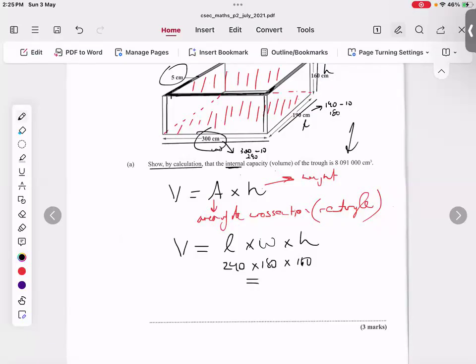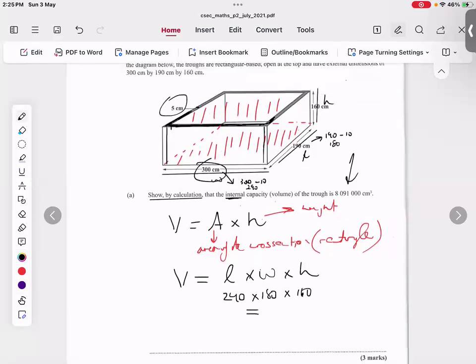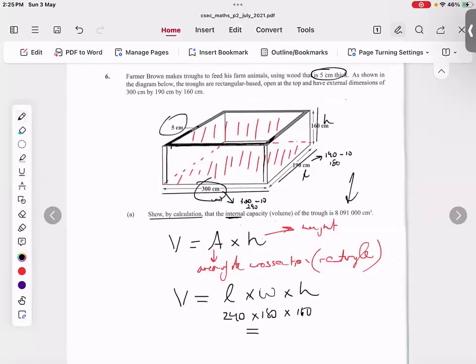No. Wait. 155. No man, the height. We have to take off 5 off of the height. The height does not get affected. Remember saying no? The trough is affected by the length and the width. The height is not affected by the 5.